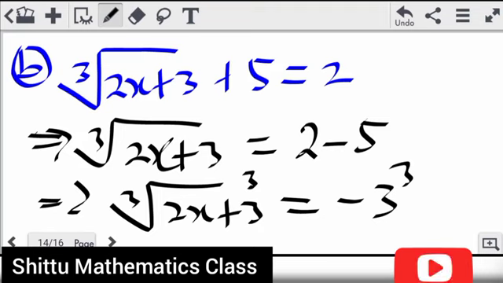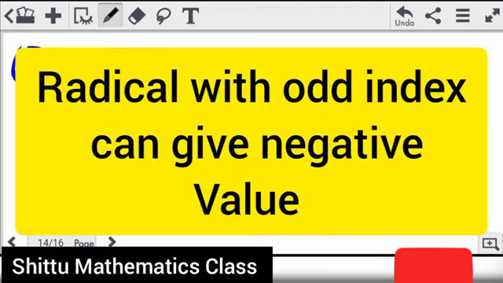So I want to tell you that this one has a solution, unlike the first one, because whenever you have a radical sign with an odd index, let me repeat, an odd index, the value of the radical can be negative.